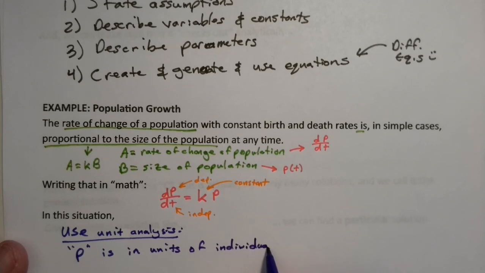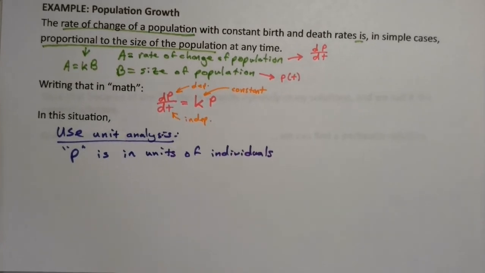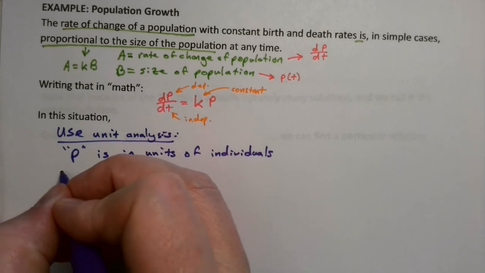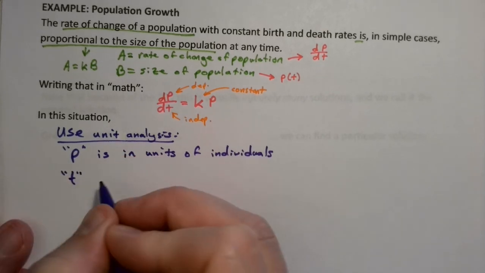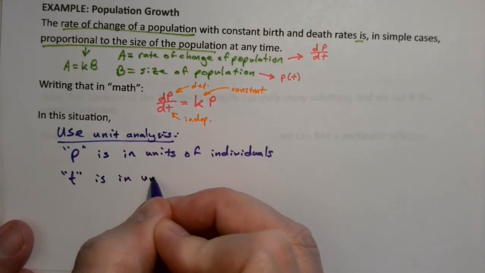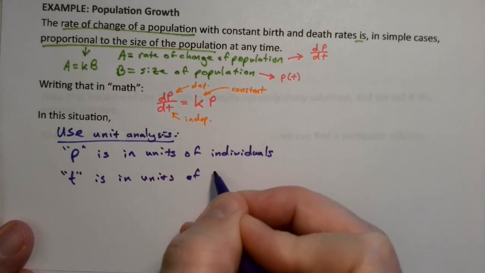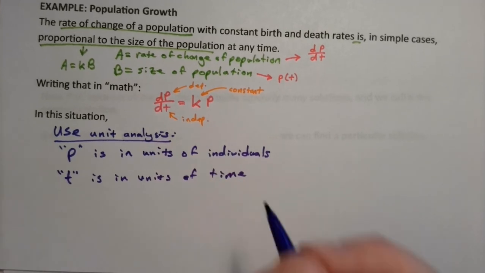And it could be individual people, it could be individual viruses, it could be individual whatever, doesn't matter. P is units of individuals, and the other variable, the independent variable t, is in units of time, whatever that happens to be: days, minutes, seconds, hours, whatever.